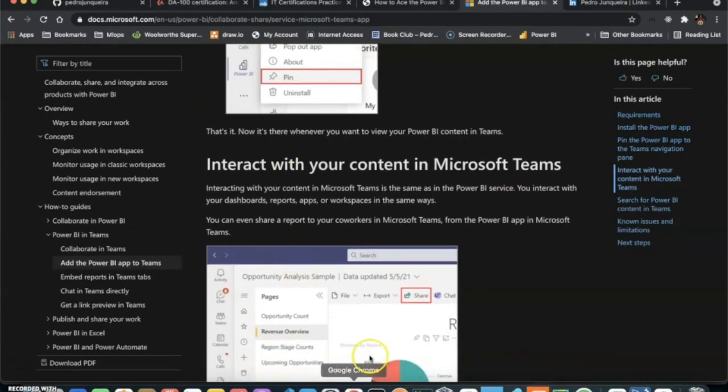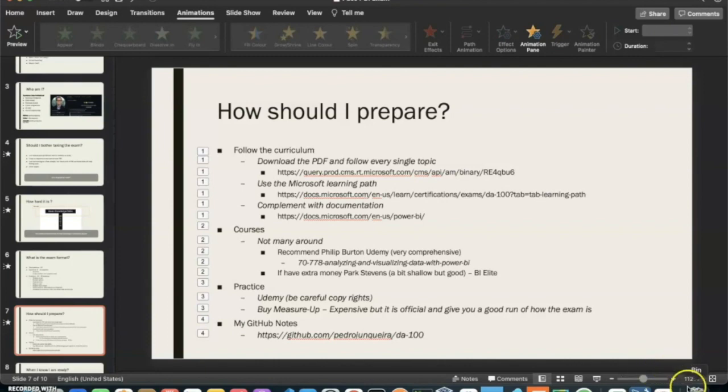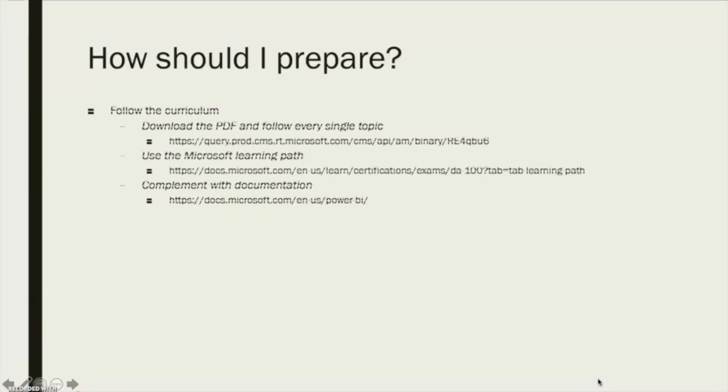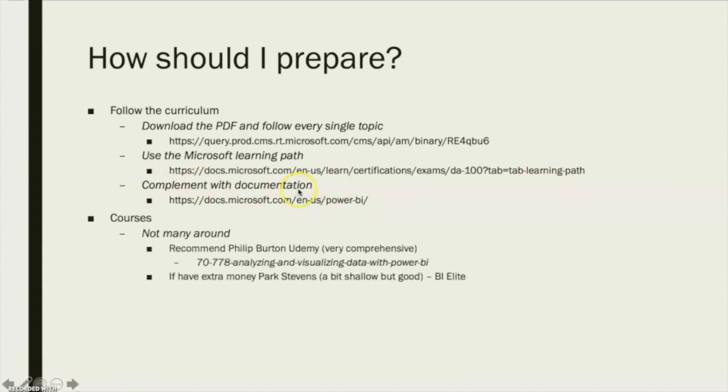So that's the way I would prepare for the exam. That's the way I did, and it did work. So the first step is download the PDF, go to the Microsoft Learning Path, here's the link, and then complement with documentation.